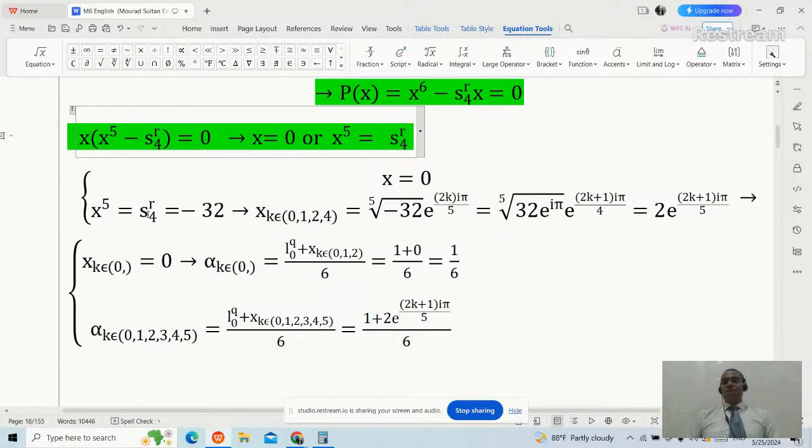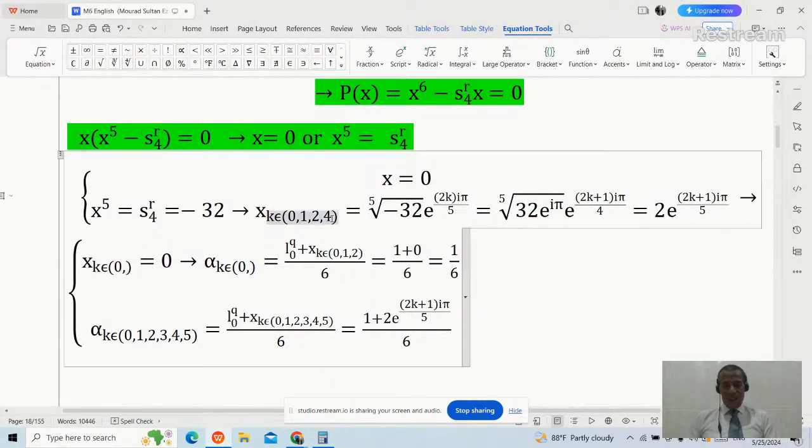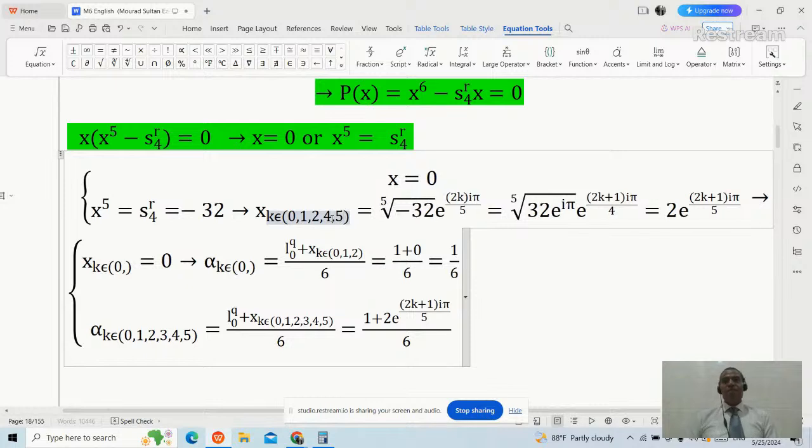Okay, so we continue. We were told that x to the power 5 is equal to negative 32. Therefore, to find xk, where k belongs to 0, 1, 2, 3, 4, there is a 5 here, so it will be the fifth root of negative 32 times exponential of 2k I pi over 5.